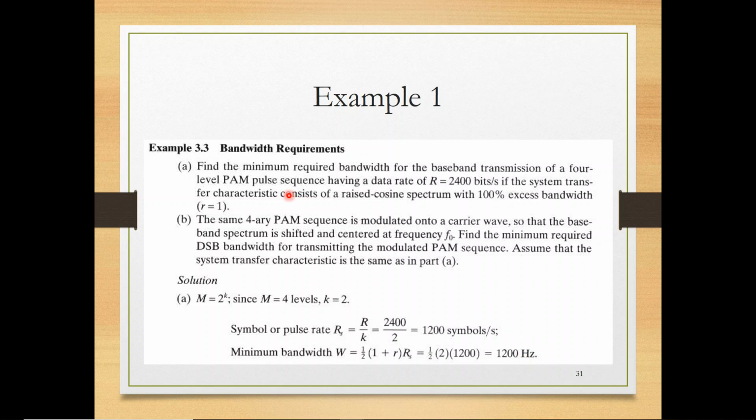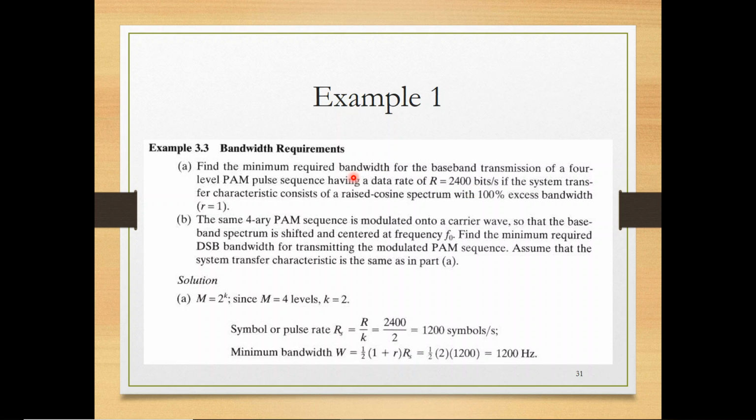Again, you have baseband transmission, and you are modulating this with 4-level pulse amplitude modulation. Now it's giving me the bit rate, 2400. If I know the modulation type and bit rate, I can find the symbol rate, because the symbol rate is always below the bit rate, and you just divide by the number of bits represented by each symbol.